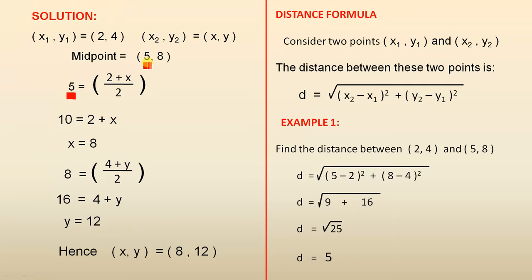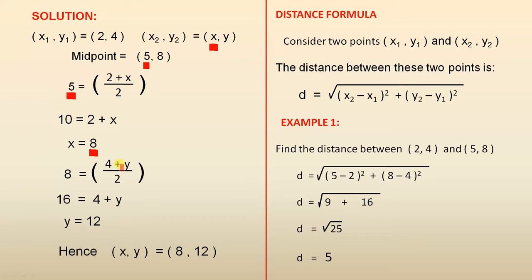We obtain that by going (2 plus x) on 2. Multiply both sides by 2 to get 10 equals 2 plus x, so x equals 8. So the x coordinate of the endpoint is 8.